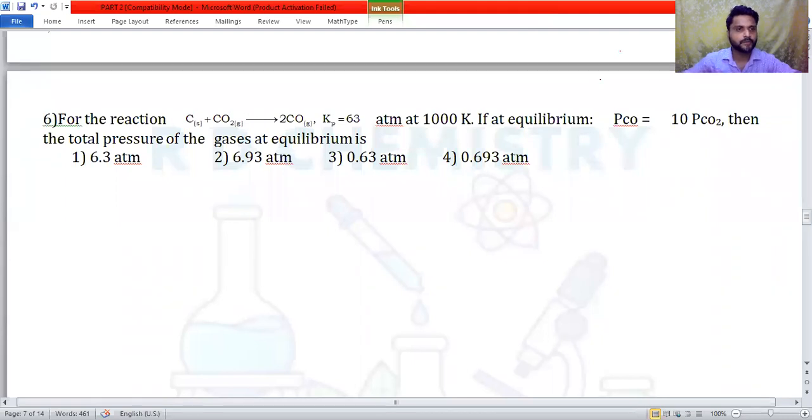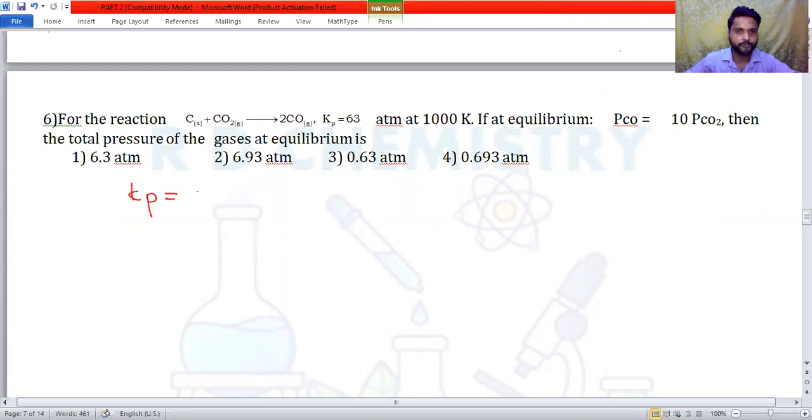Question number 3. For the reaction carbon plus carbon dioxide to give 2 moles of carbon monoxide, Kp is 63 atmosphere at 1000 Kelvin. If at equilibrium partial pressure of CO is equal to 10 times partial pressure of the carbon dioxide, then total pressure of the gases at equilibrium is. So we'll start with the Kp.